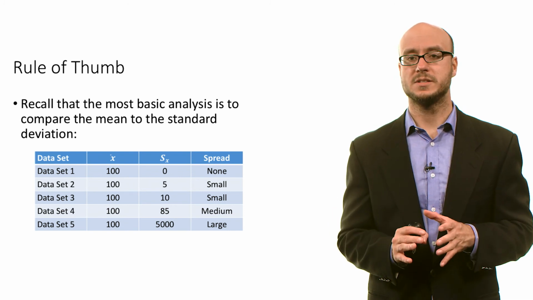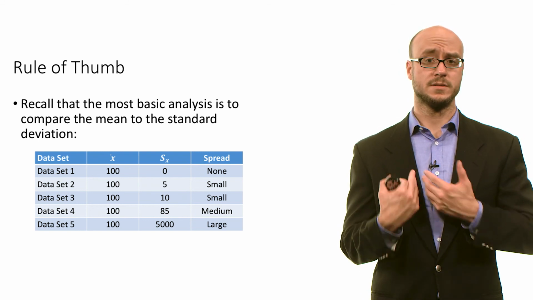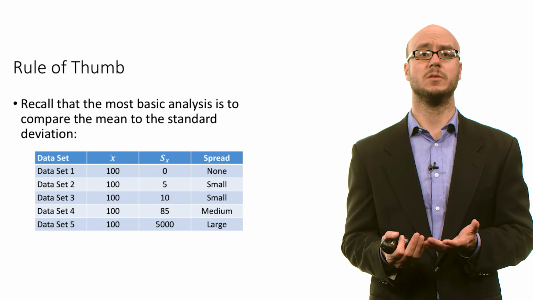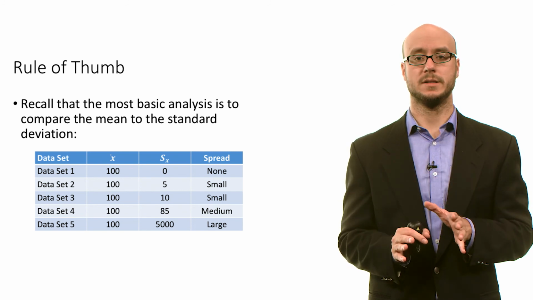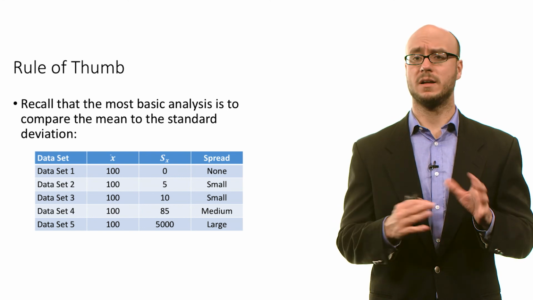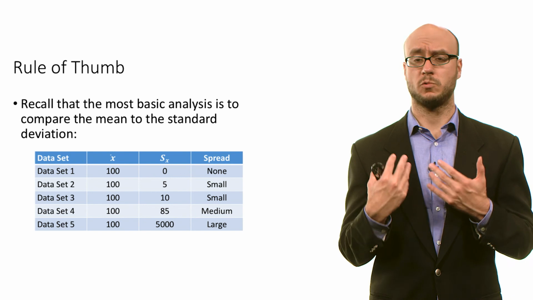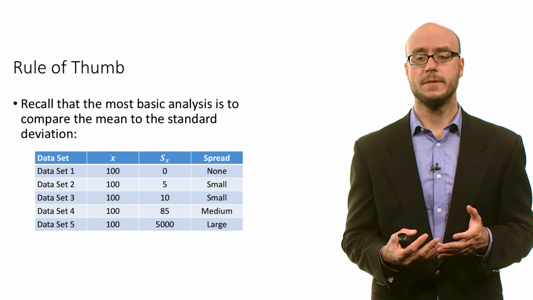But the key point here is that if we had a different mean, then a standard deviation of 5,000 may be a pretty small spread. So suppose the mean were 10 million. Well, a standard deviation of 5,000, that's pretty small relative to the mean. So that distribution would suggest a really quite small overall spread.